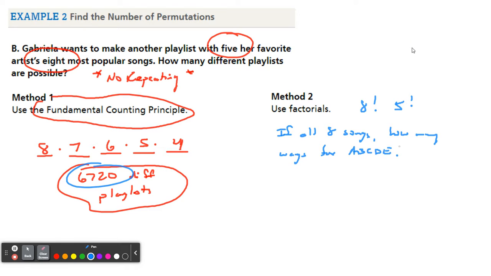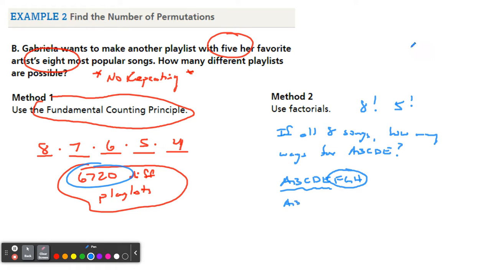That's what we want to know. So if we have 8 songs, we could do A, B, C, D, E, and then the last would be F, G, H. These 5 will be constant in that order, but these 3 don't matter. So now let's rearrange them.